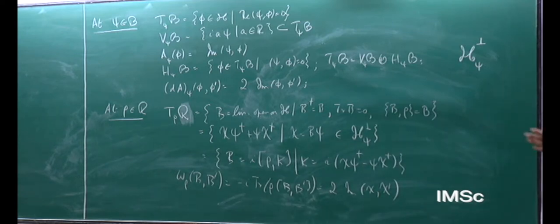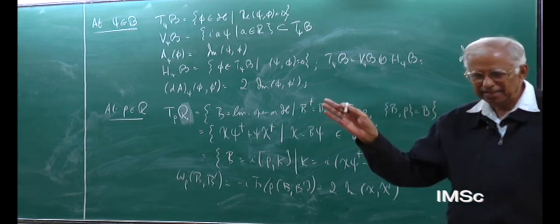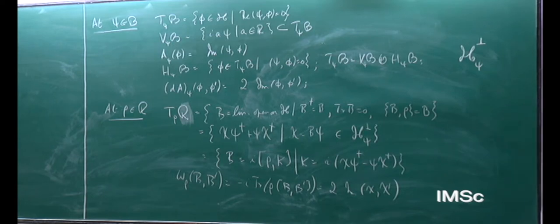Suppose you have a classical phase space, many Q's and many P's. Just imagine it is like Euclidean 2n dimensional.